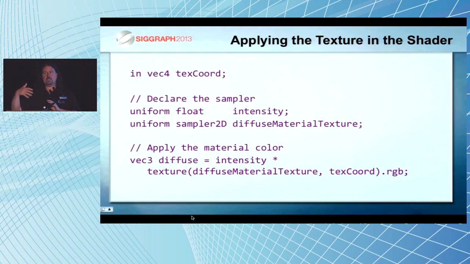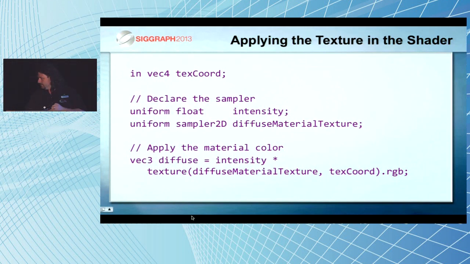Texture coordinates, right, they attach with a vertex. Now we're to the part where we actually do all the magic. We ask OpenGL, for this texture coordinate, return the color back, and we do that with a single function call inside a fragment shader. So here's an example where we're doing some lighting computations, but we've baked a texture of the base color of an object, something like the tile in the wall here where there's a pattern on it, and stored that away.